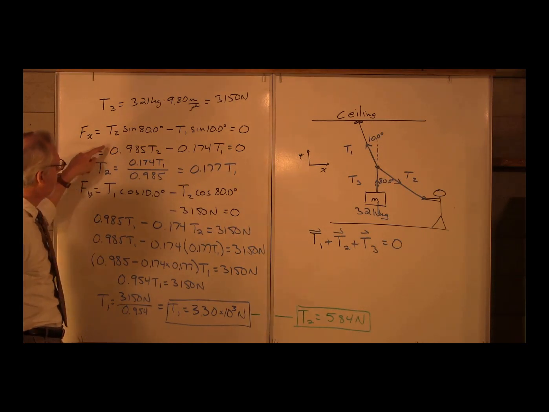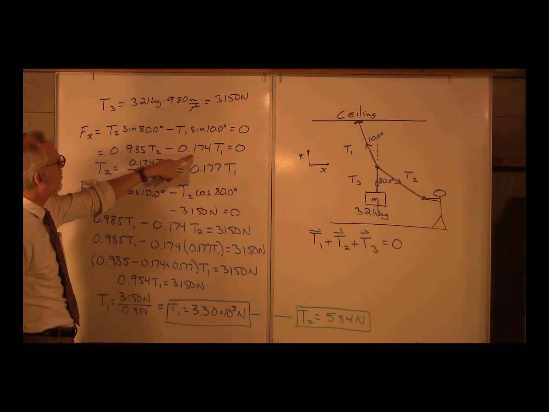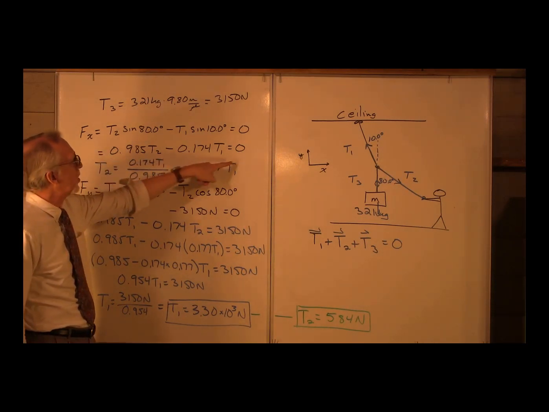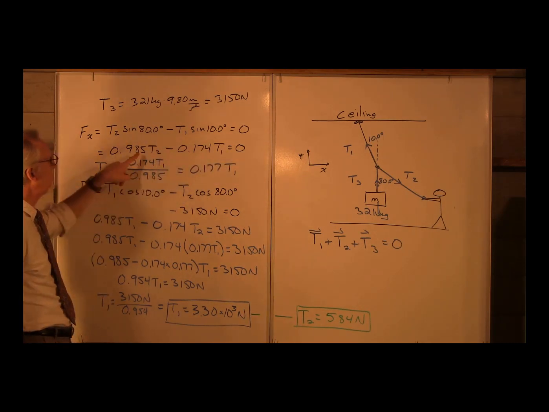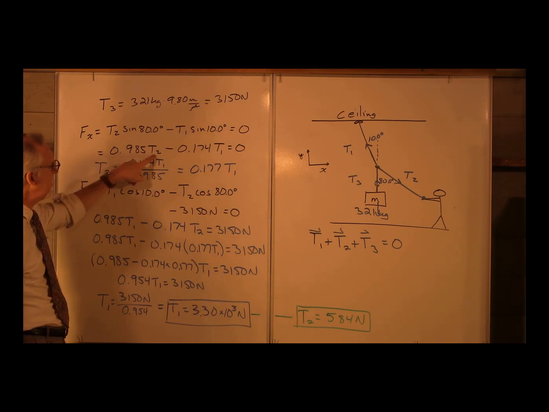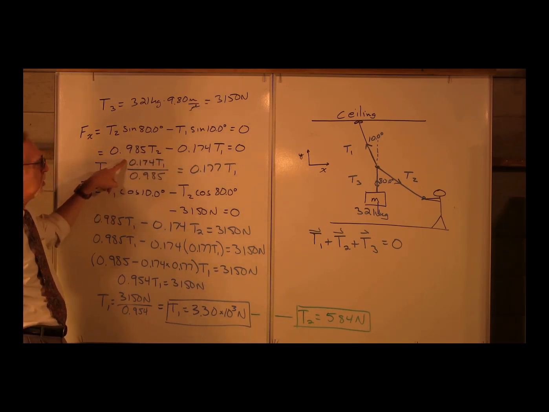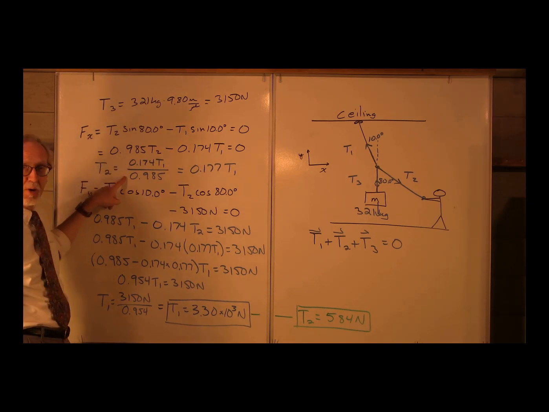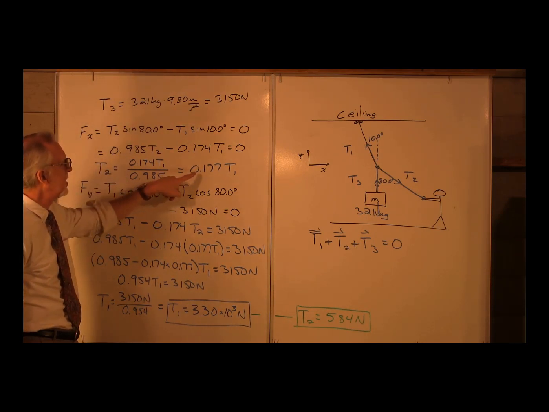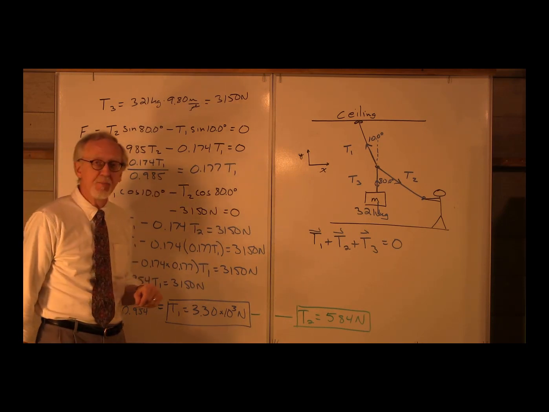From this equation, we'll bring the 0.174 T1 to the other side and divide both sides by 0.985. That leaves us with T2 is 0.174 T1 divided by 0.985, or 0.177 times T1.